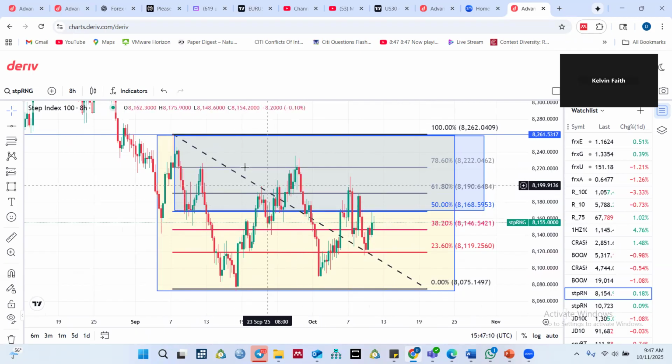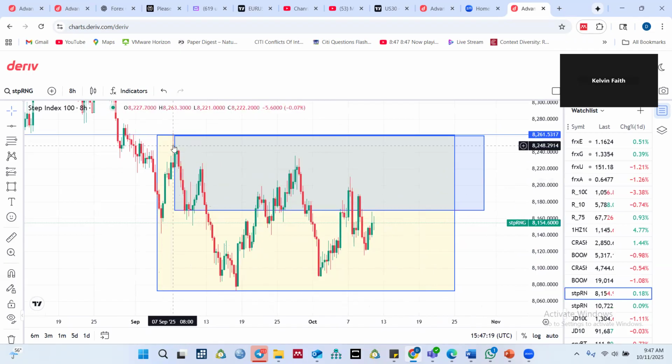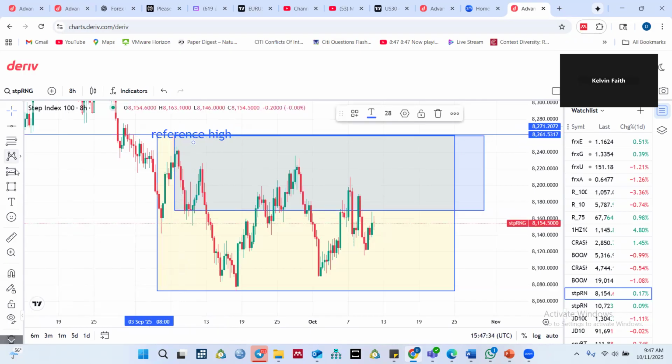So we have a swing structure or a swing range, okay? And we have a swing structure right now, and we have our reference high. In this bearish situation, we have this as a reference high, and we have here as a reference low or swing low.